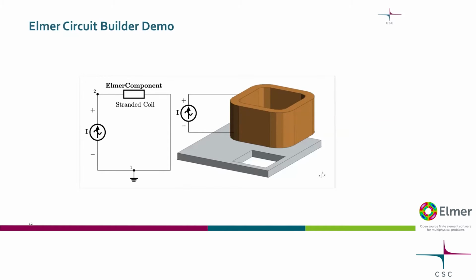So you only need to define one value. It's not an open coil where you would have two terminals. I know this might be confusing now, but later I will show you some additional figures that will explain better. Let's go to the demo.